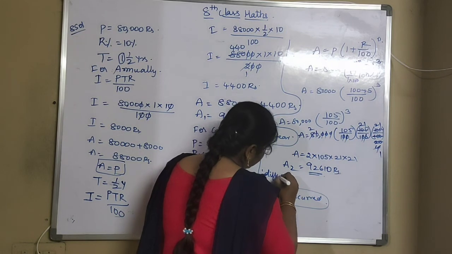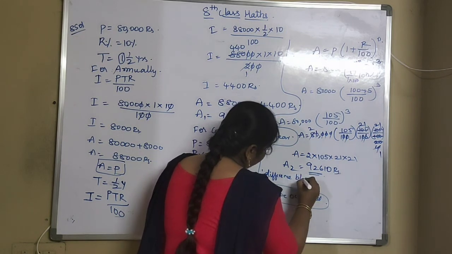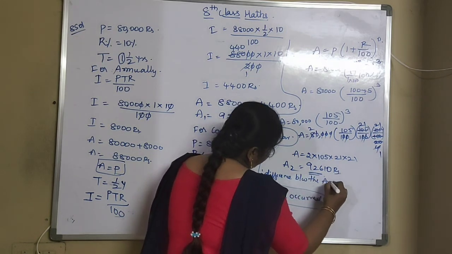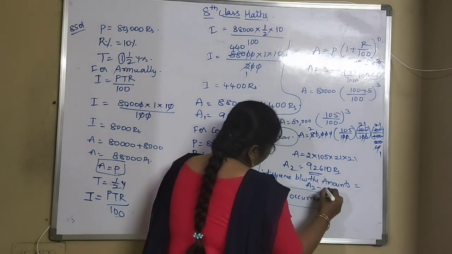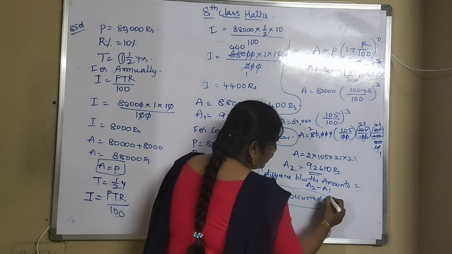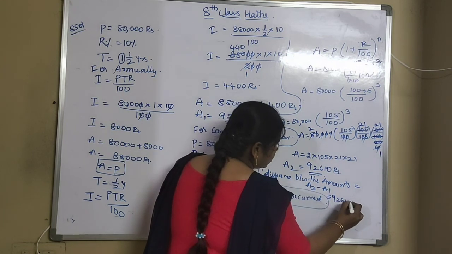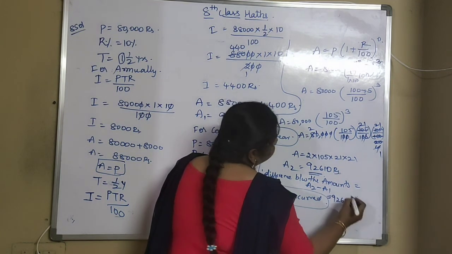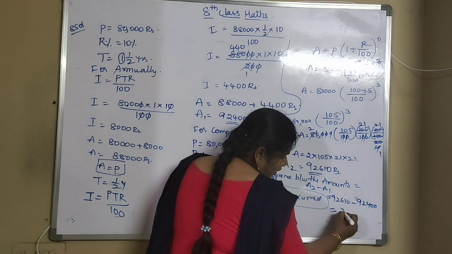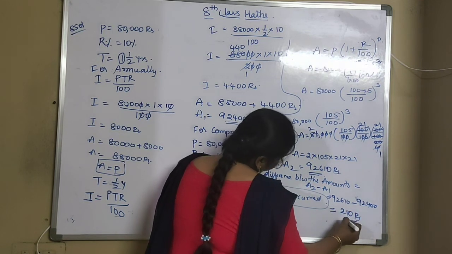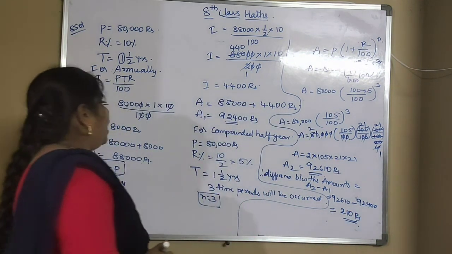Therefore, the difference between the amounts is equal to A2 minus A1. So A2 value is 92,610 minus 92,400. So what will be the difference? That is 210 rupees.